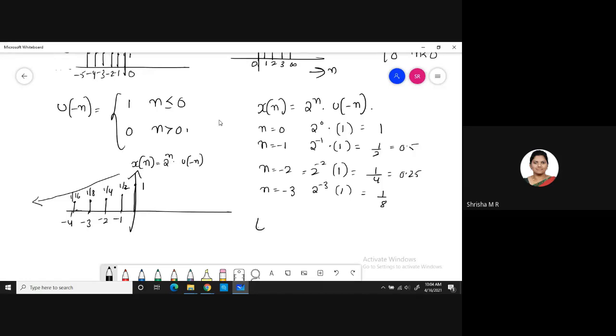So we have to find the energy of such a signal. What is the formula for energy of a discrete time signal? Summation from n is equal to minus infinity to infinity of x of n whole square.